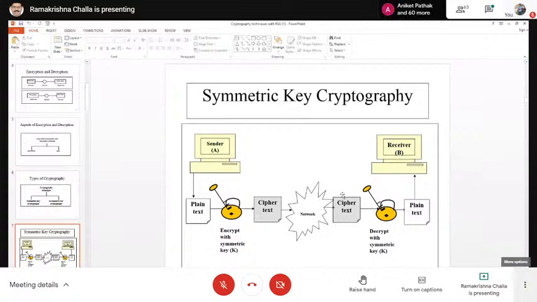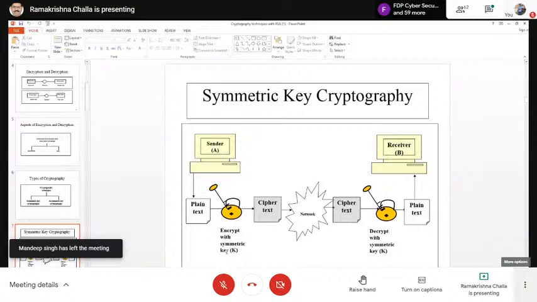The receiver receives this ciphertext transmitted by the sender, and then applies a decryption technique corresponding to the encryption technique used by the sender, with the same symmetric key K. Whatever key I have used on the sender side, that is K, the same key has to be used by the receiver to decrypt the ciphertext. In the encryption process, two things are important: the encryption algorithm and the key.